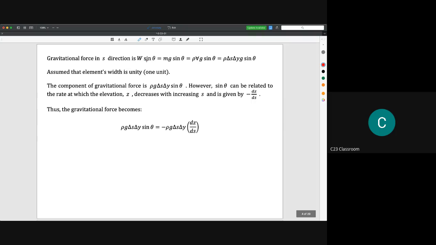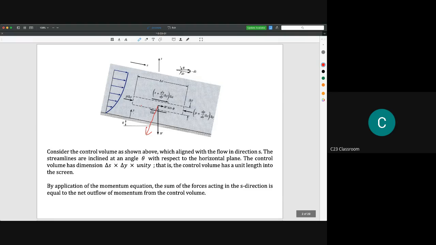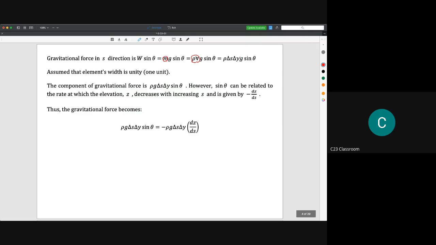We can write weight as mg, and m can be written as density times volume. That's why we write rho times delta S times delta Y, because delta S is the length, delta Y is the height, and the width is equal to 1, so we just have a unity unit here, and then g and sine theta.